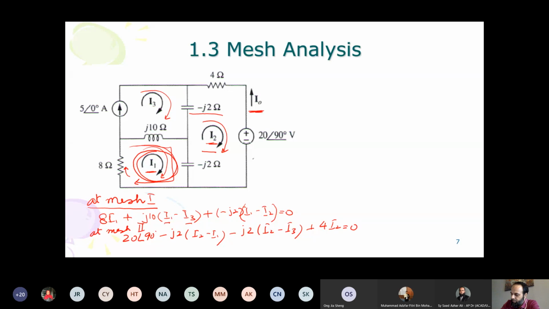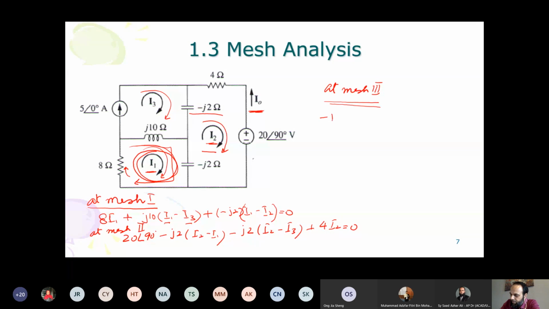And similarly at mesh 3 will be, okay. Again the mistake that you guys can make is to write the equation at mesh 3 like this. Okay, I'm writing a wrong equation.